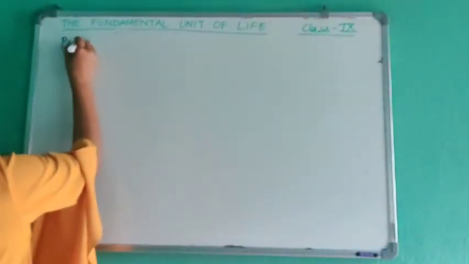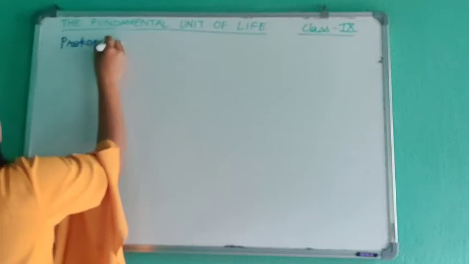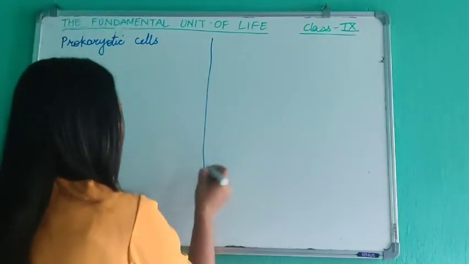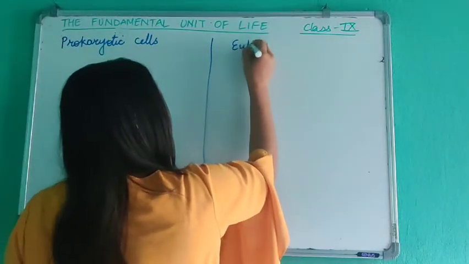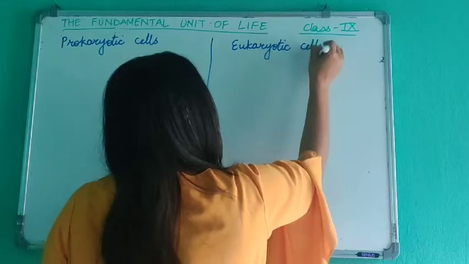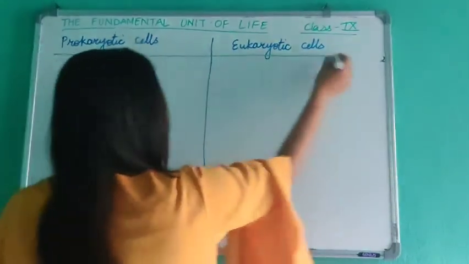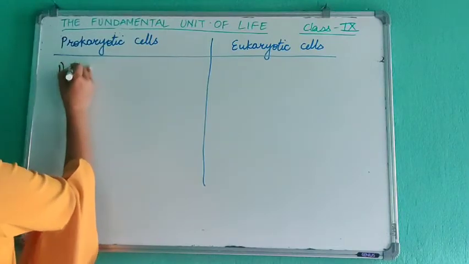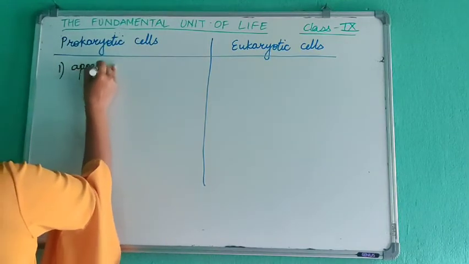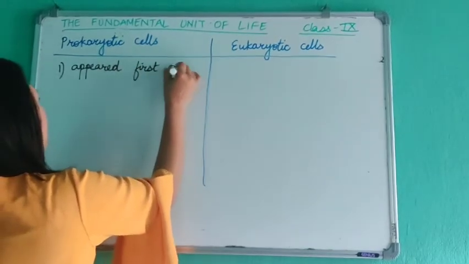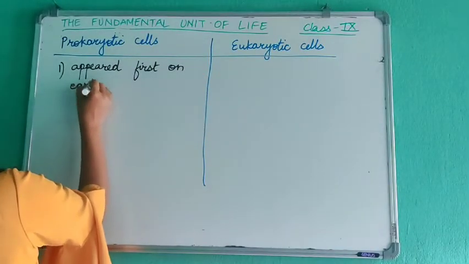Okay, so prokaryotic cells, I'll just be dealing with the basic differences. I will not go into detail because it is not possible in this class. Prokaryotic cells appeared first on earth, that is they are primitive.